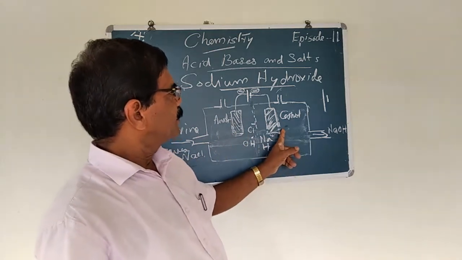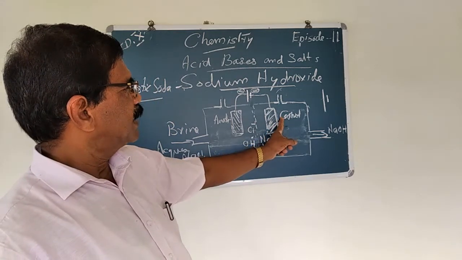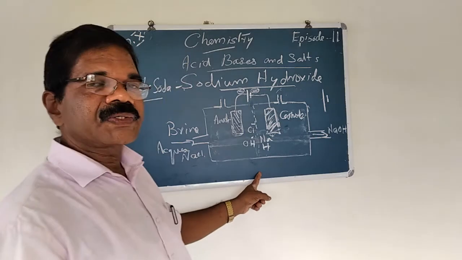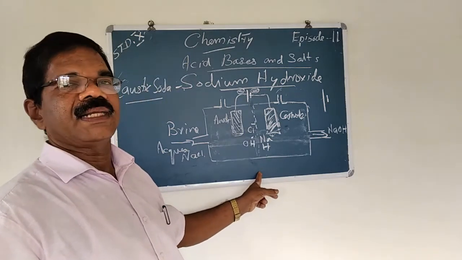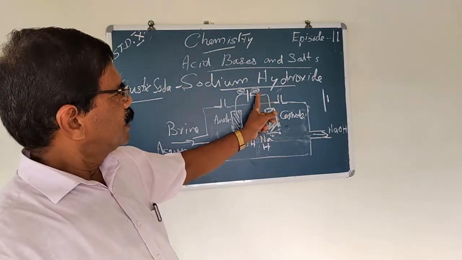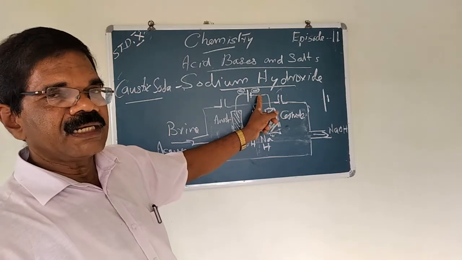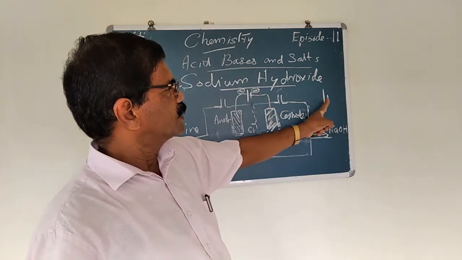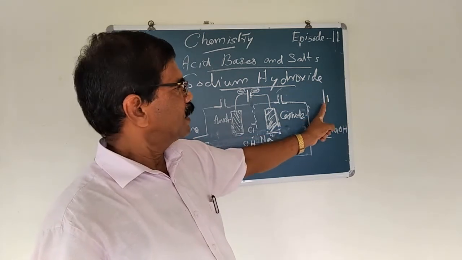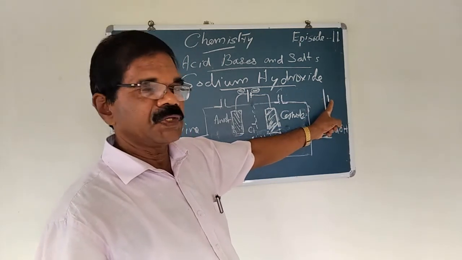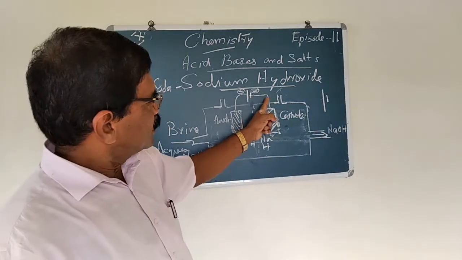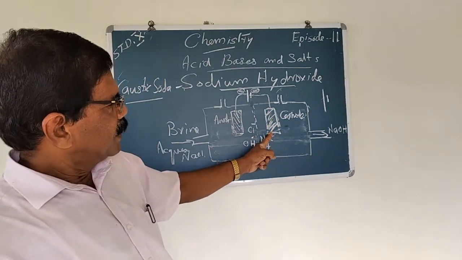Here we look at the cathode, the negative electrode. The negative electrode is connected to the negative pole of the cell. How can we identify the negative pole? The symbol of a cell is a short line and a tall line. The short line is the negative part and the tall line is the positive part. Negative is connected to the cathode.